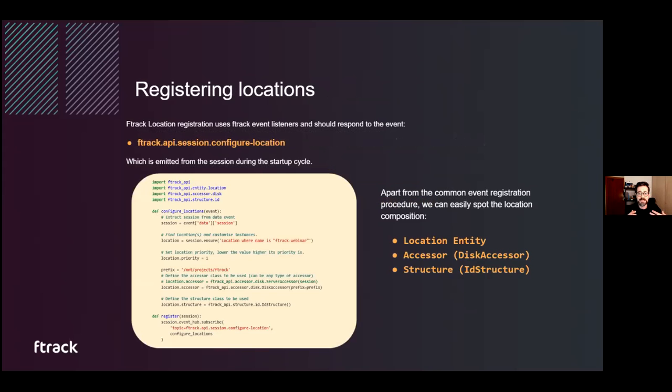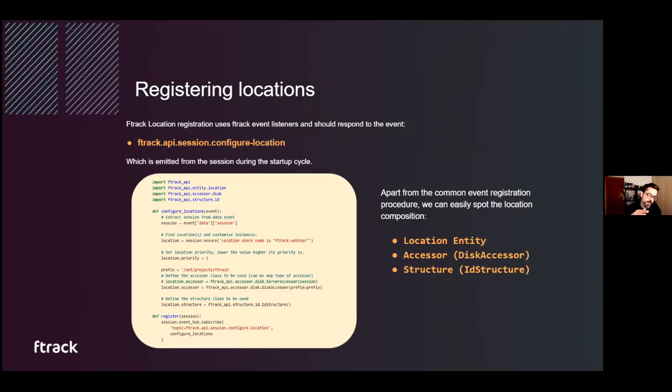Now we have the basis. So when the session starts, we'll emit an event. Basically, when the session is initializing, we'll call this event, which is the configure location event that you will have to respond to. And in here, we are able now to start seeing a bit more intimately how the location is composed and structured.